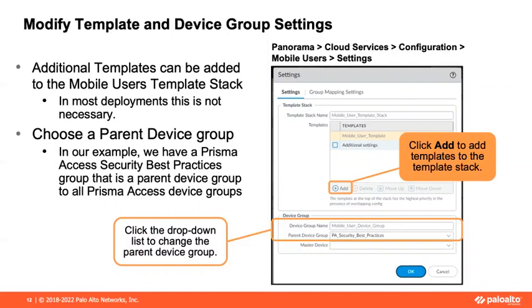In this particular case, somebody has built a level for Palo Alto Networks security best practices, and we want to go in underneath those so that we inherit those rules in that device group. But in many cases, the shared device group would be the one we'd fall below. So in other words, this can all be customized as you need it to be, or you can use the default values.